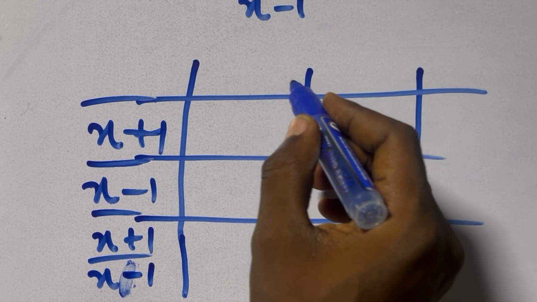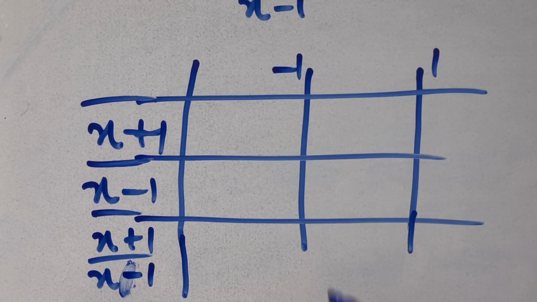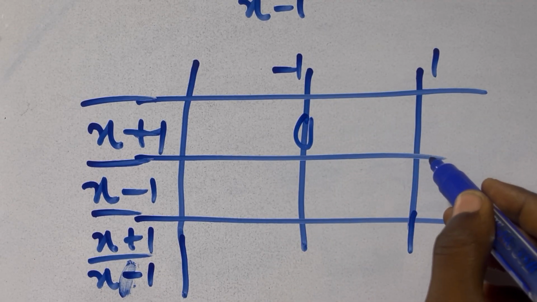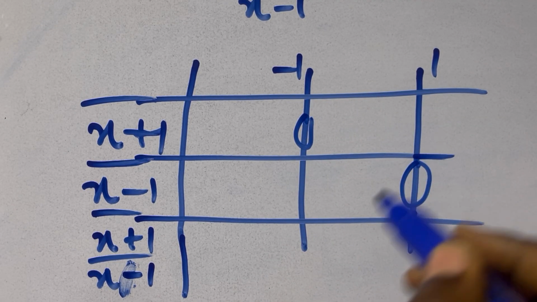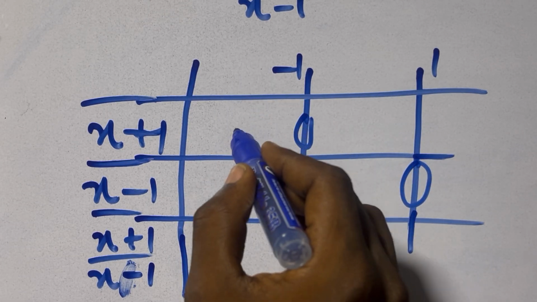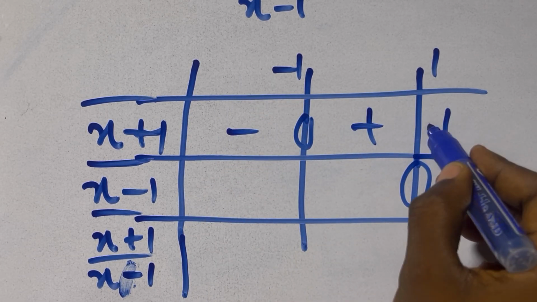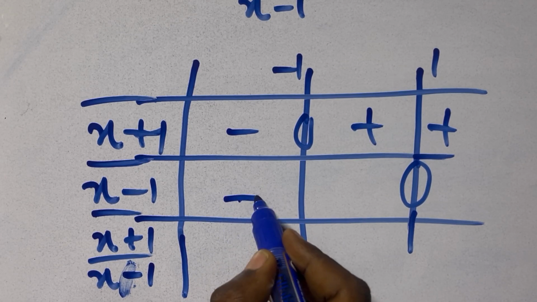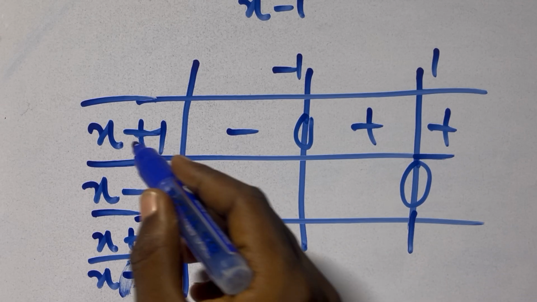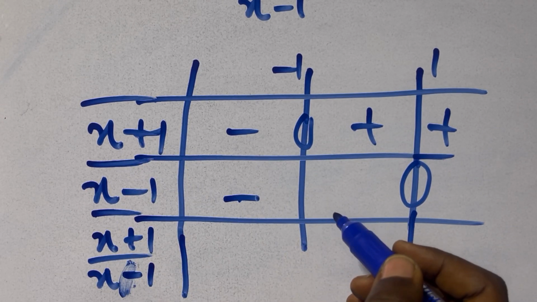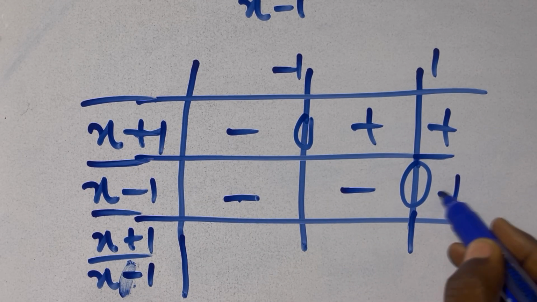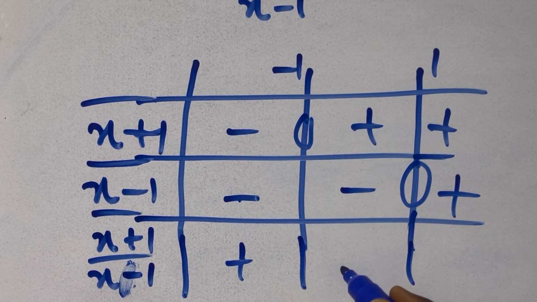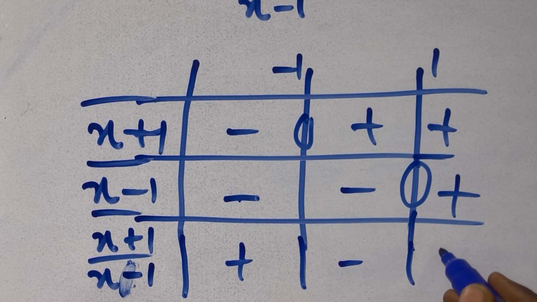Here we have −1 and 1, and we are going to have 0 here. Here we have minus, here plus, here plus, and here plus as well. It's just like performing basic arithmetic. Here we have minus and here we have plus. For this, just divide this by this: we are going to have plus, minus, plus here.